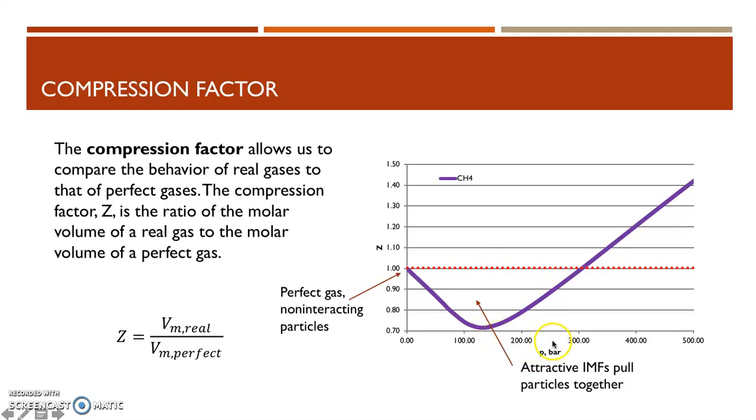As soon as you increase the pressure high enough, beyond the point where the molecules don't want to be next to each other, the nuclei of the two molecules are going to repel each other, and they're going to start to push the particles apart. They're going to take up more volume than the perfect gas would predict, and so your Z is going to be greater than 1. So this is generally how gases behave. These particular numbers are for methane.